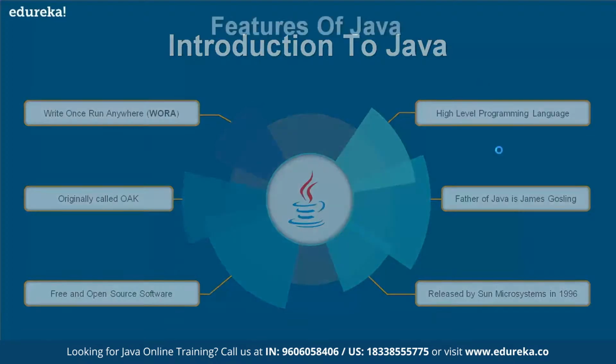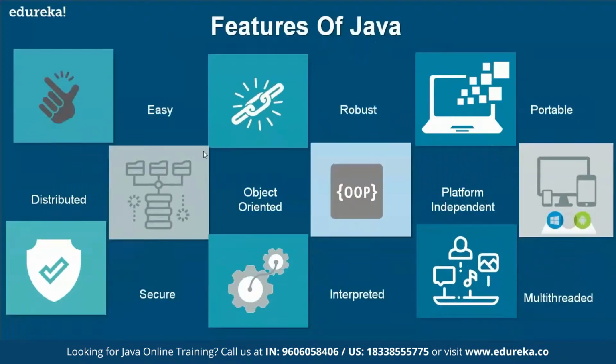Now, what are the important features of Java? There are many features. Java is an easy programming language. I won't say that it is that easy. It is easy if you have some idea about C++, and easy for us to understand the code. The complex topics of C++ are not available, like memory management by the programmer.